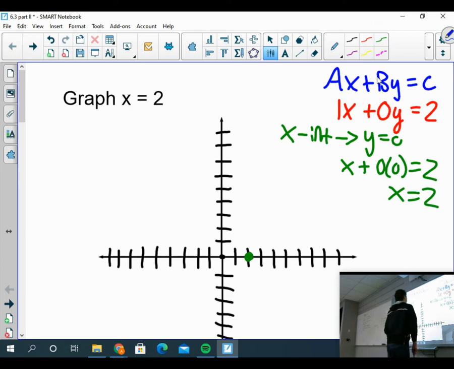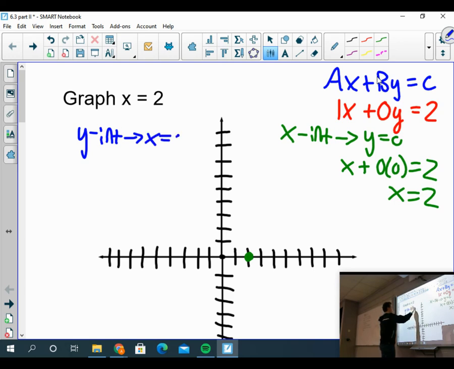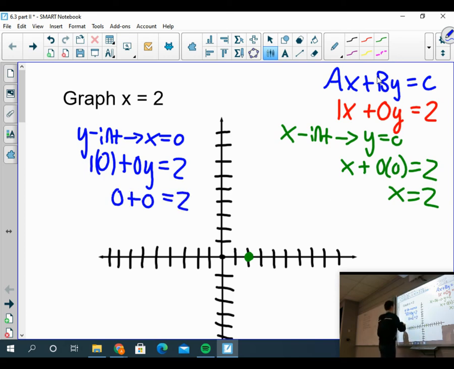And then what we're going to run into is if I try and find the y-intercept by setting x equal to 0, I'm just going to end up with 1 times 0 plus 0y, and I end up with the situation, since 0 times anything is 0, of 0 equals 2, aka no solution, aka there is no y-intercept.